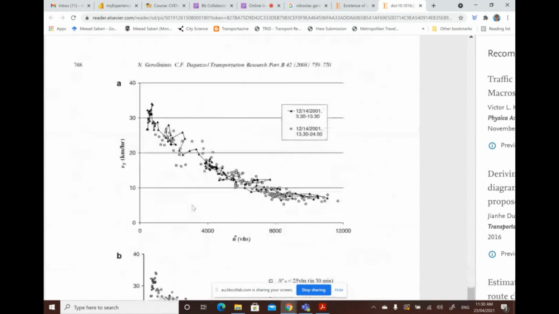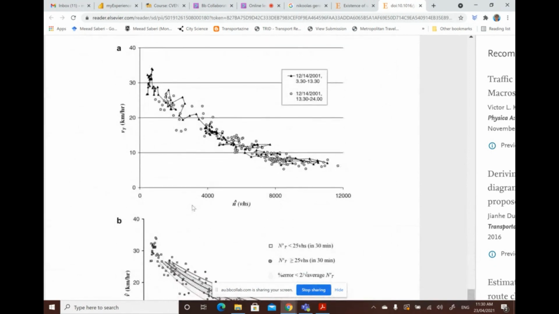And then these are the MFDs that they plotted for that specific city, with the number of vehicles in the network versus the average speed in the network. So again, very similar to the speed density relationship at the link level, but this is now at the network level. So instead of the x-axis being density, it could be just the number of vehicles.